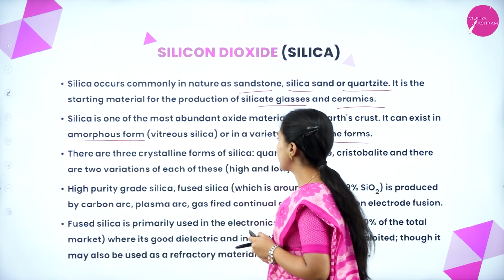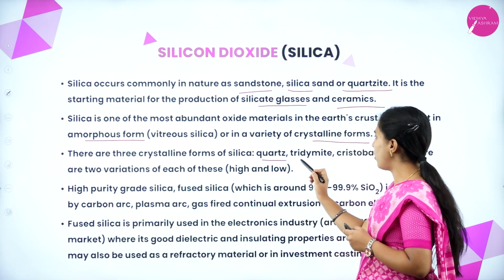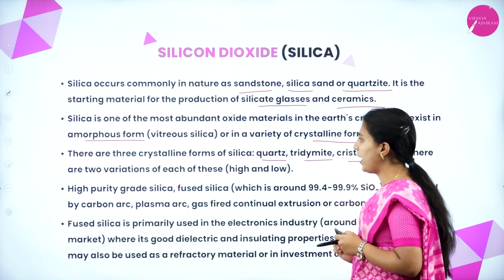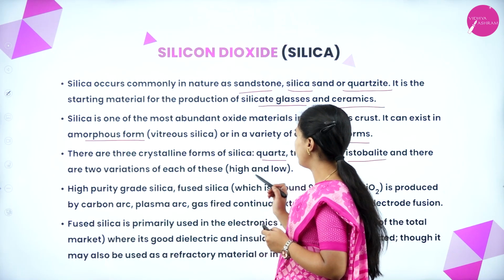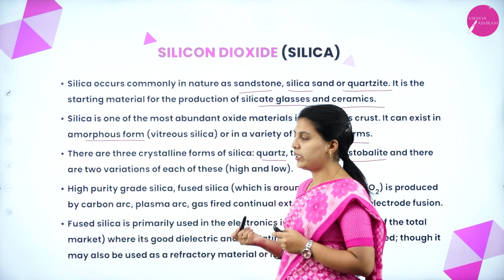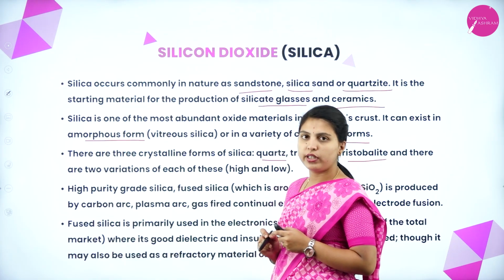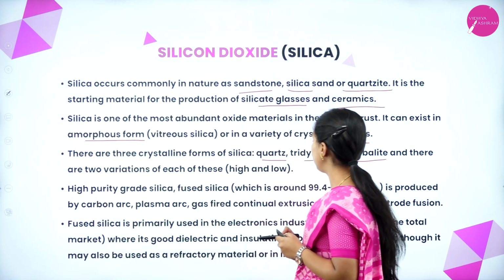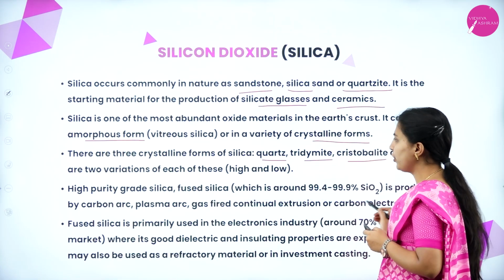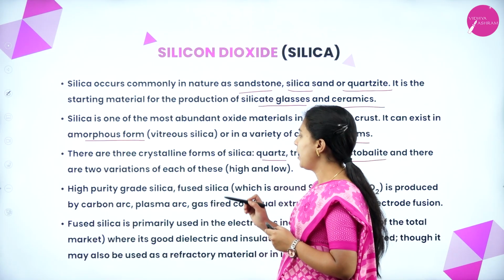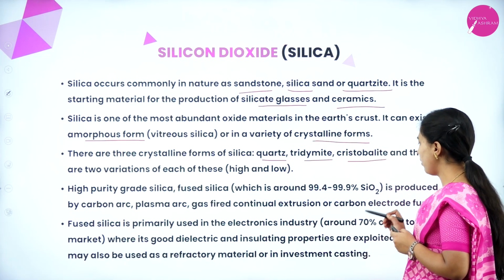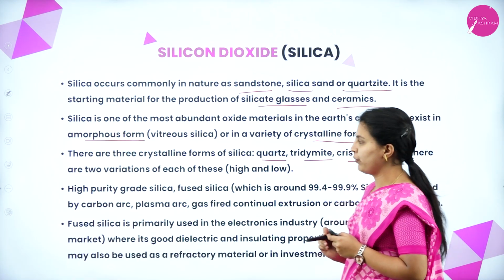There are 3 crystalline forms of silica: quartz, tridymite, cristobalite, and there are 2 varieties of each of these, high and low. High purity grade silica, fused silica, is produced by carbon arc, plasma arc, gas fired continual extrusion or carbon electrode fusion.